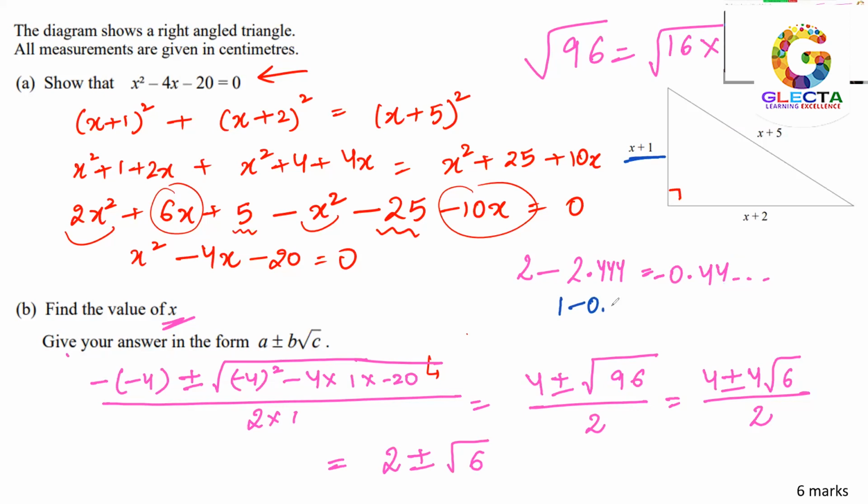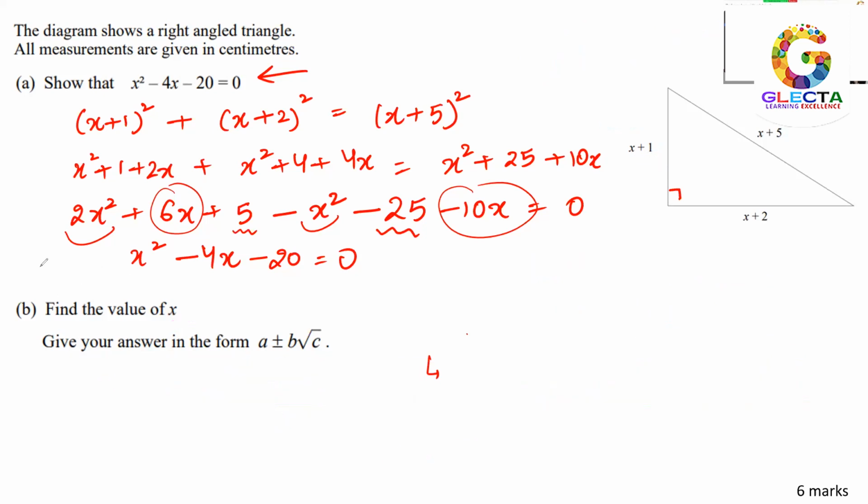So 1 take away 0.44 approximately would be like 0.56 something, right? This length is quite possible, not a problem. If your entire length comes out to be negative, then you would say a negative answer is not possible. Otherwise, over here, it's quite possible. I hope everyone got this point. Yes, guys, got it?